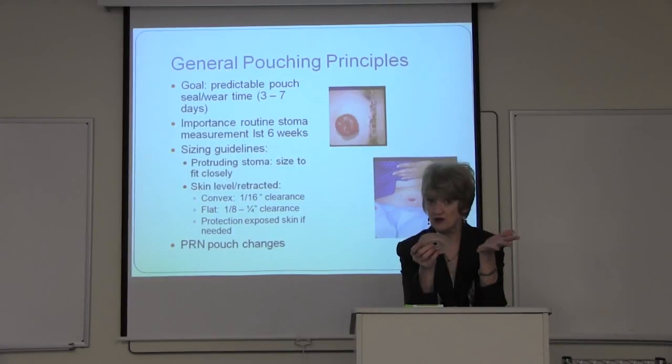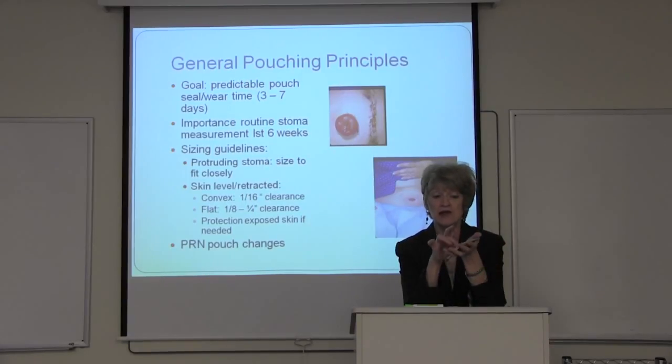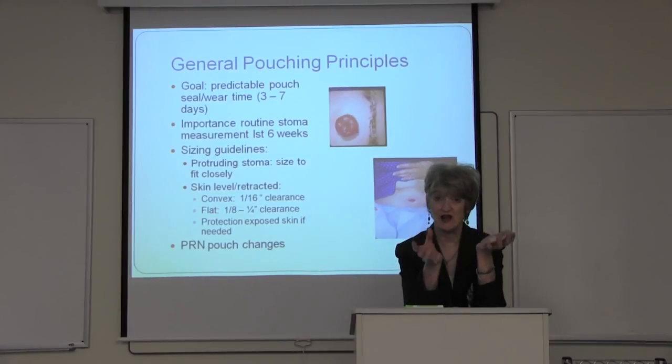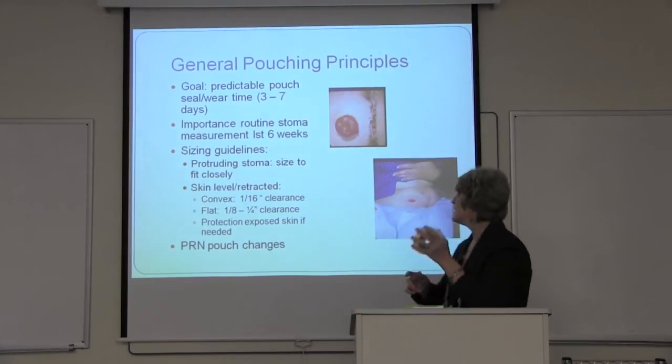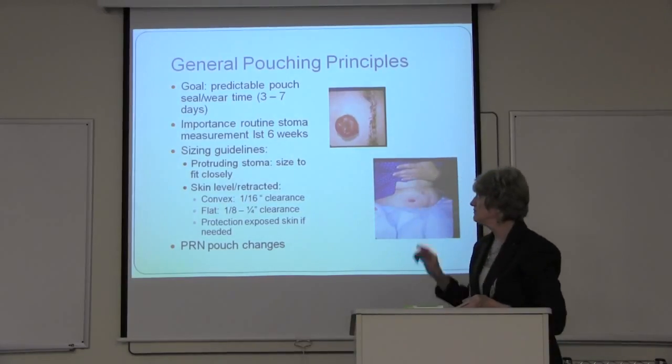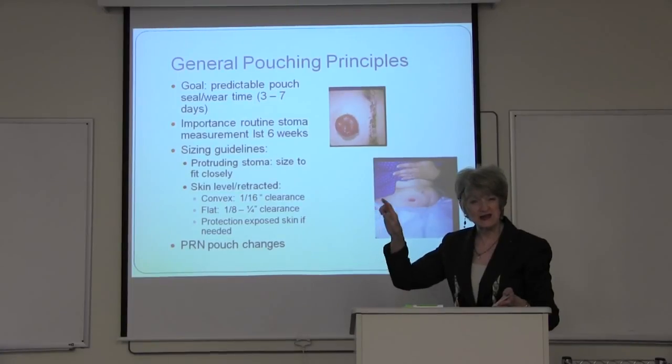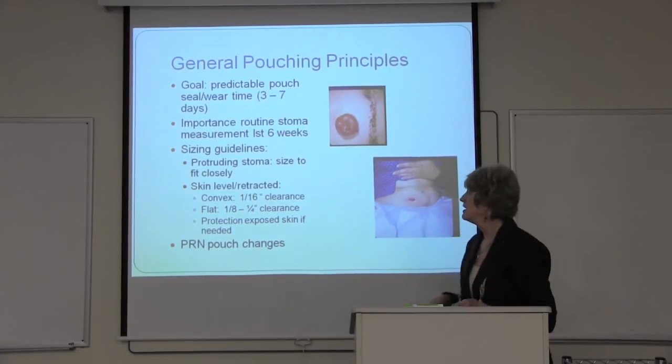So it goes back to knowing your products, talking to your vendor reps to ask them the characteristics. Is there a plastic film on this barrier? Should I size it slightly larger than the stoma? Or is this barrier very soft and it's safe for me to literally size it so that it hugs the stoma? So protruding stoma, either right up against the stoma or just a little tiny bit of clearance.